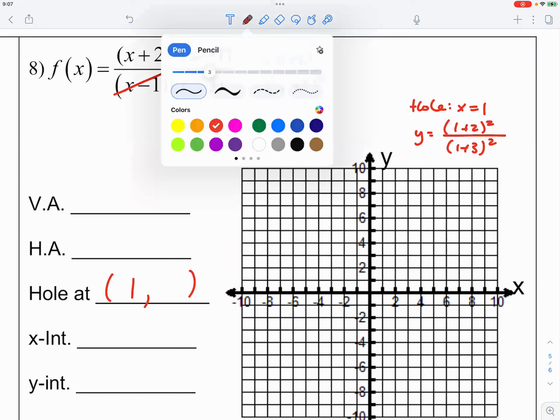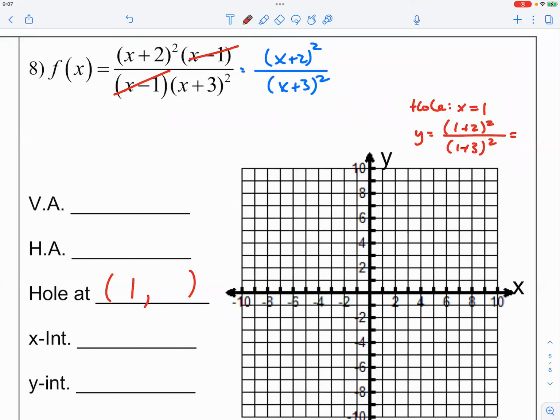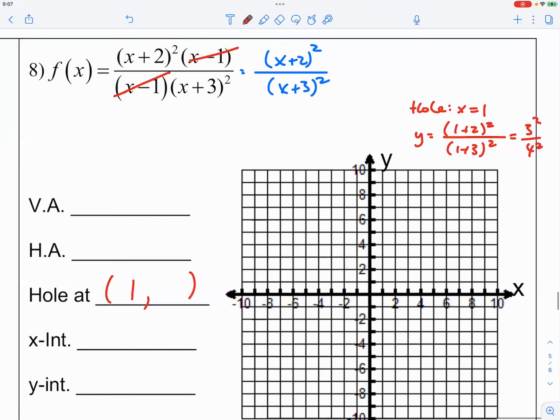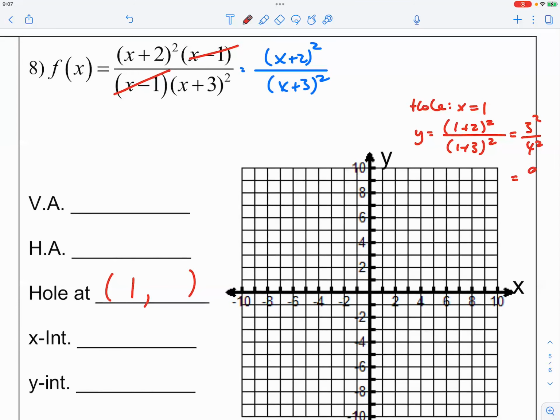And then you would find out that it is 3 squared over 4 squared, which is simply 9 over 16. So somewhere right here in the middle, that would work. 1 comma 9 over 16. Somewhere between 0 and 1, that would work. That is where the hole is.